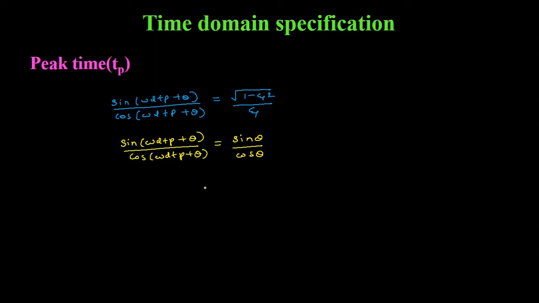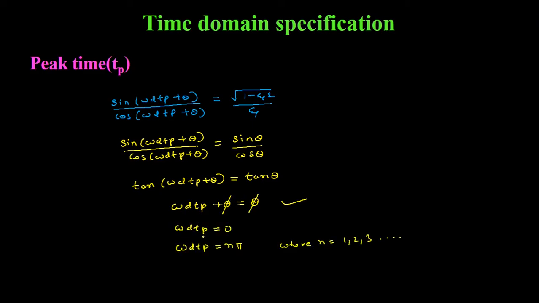We know that sin theta by cos theta is equal to tan theta. Therefore, we will get tan of omega d Tp plus theta is equal to tan theta. So we get omega d Tp plus theta is equal to theta. Now this theta and this theta get cancelled out and we will get omega d Tp is equal to 0.